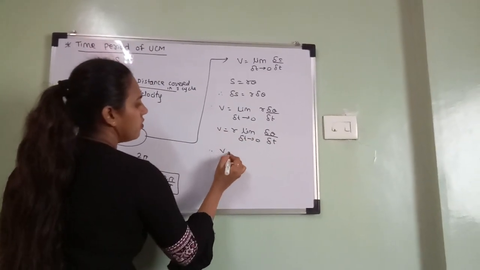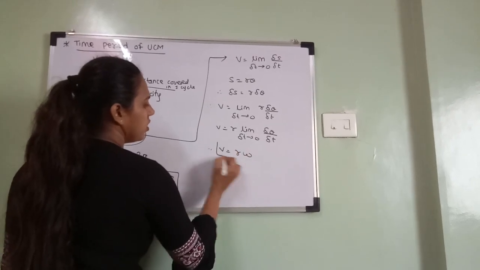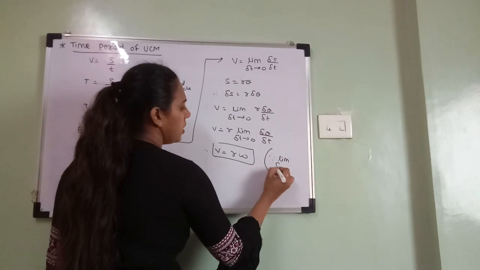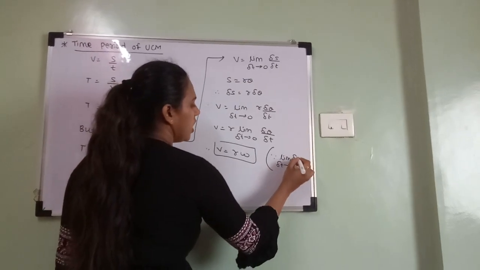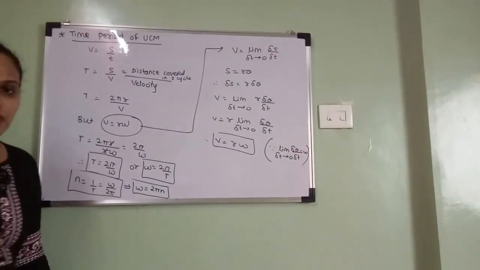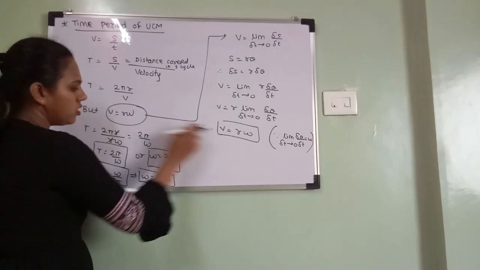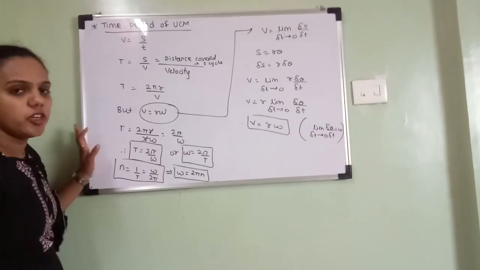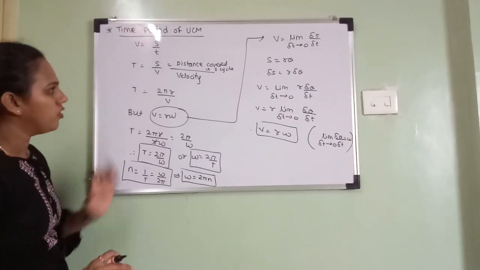So therefore V is equal to r omega, since limit delta t tend to 0, delta theta by delta t is nothing but omega from yesterday's equation. So we have got V equal to r omega. So this is nothing but the time period of UCM, which is covered.